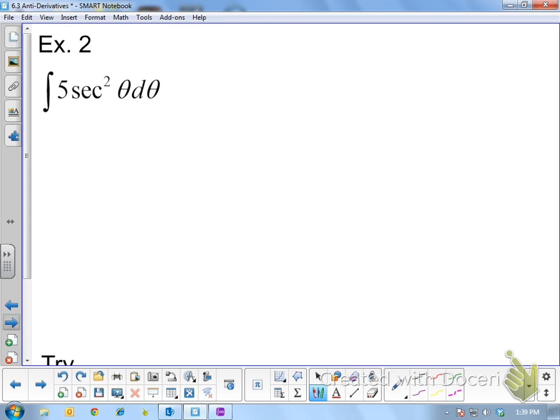So we have 5 secant squared theta d theta. Now there's something that we've kind of been doing naturally, but we should talk about in detail. What am I going to do with that 5? I have a formula for secant squared. I don't have a formula for 5 secant squared.